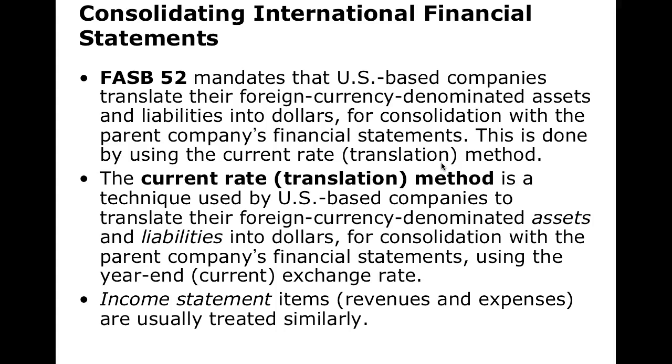And you can use the currency rate translation method. It's a technique used by U.S.-based companies to translate foreign currency denominated assets and liabilities into dollars for the consolidated financial statements, using a year-end currency rate rather than a daily currency rate. And this way, revenues and expenses are treated in a similar fashion and a similar currency rate.